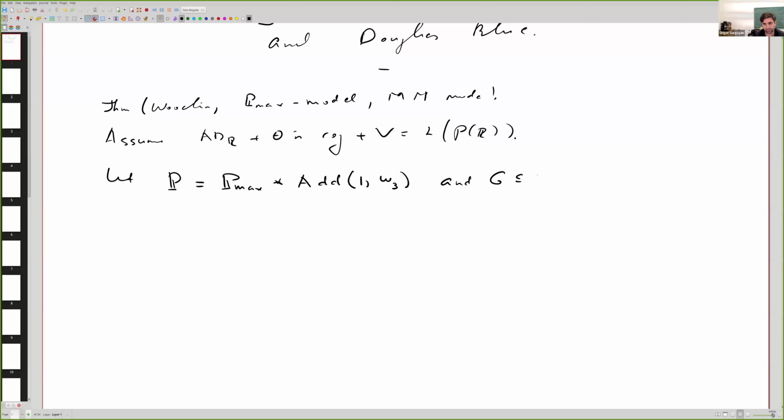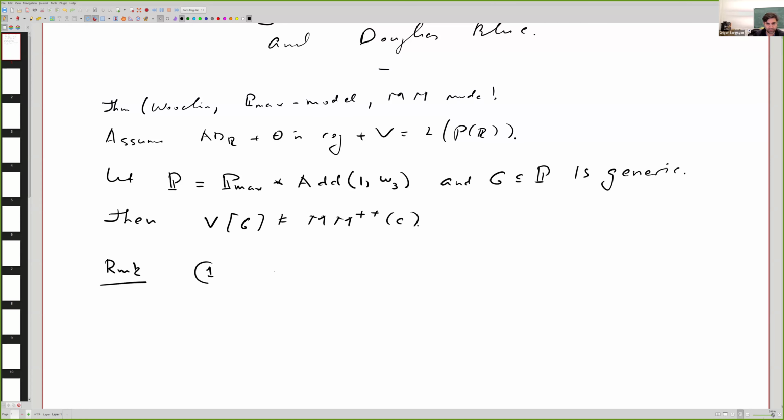G is generic. Then V[G] satisfies MM plus C. It's important, there are a couple of remarks.